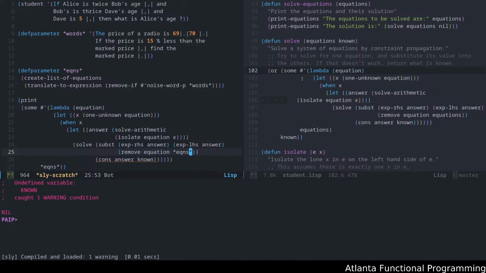Let's see what happens. Oh, right. Because this is a recursive function, we have to substitute.